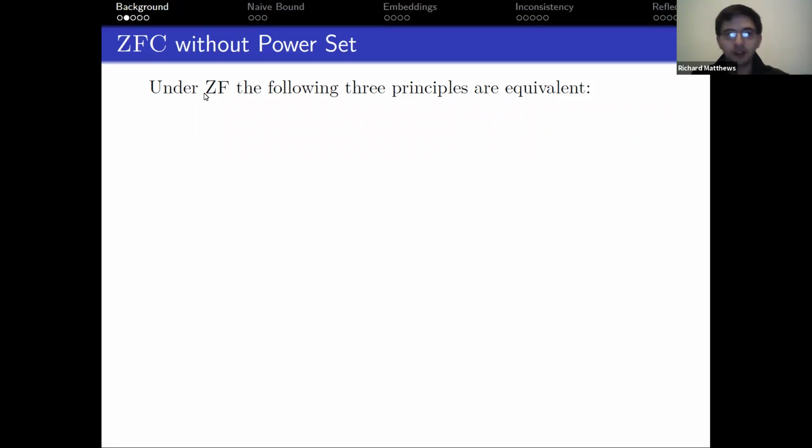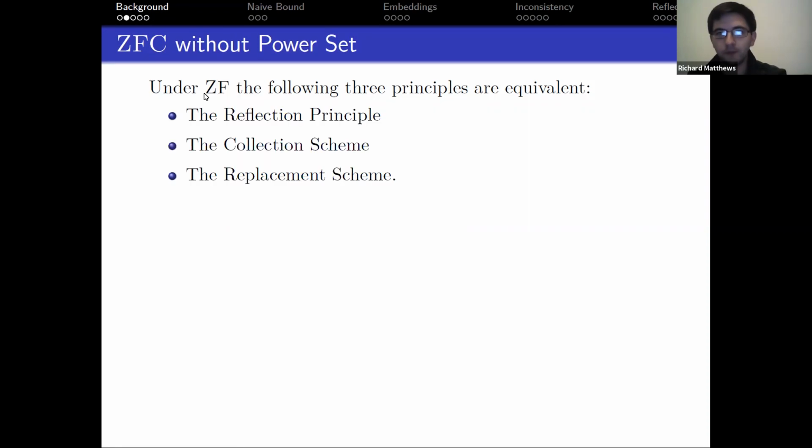Under the axioms of Zermelo-Fraenkel, the following three principles are equivalent. The reflection principle is the statement that for any set A and formula phi, I can find some set M which contains A, and for which phi is absolute between M and the universe. This implies the collection scheme, which in turn implies the replacement scheme.